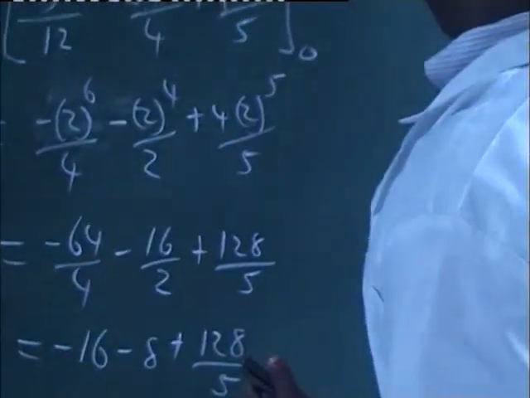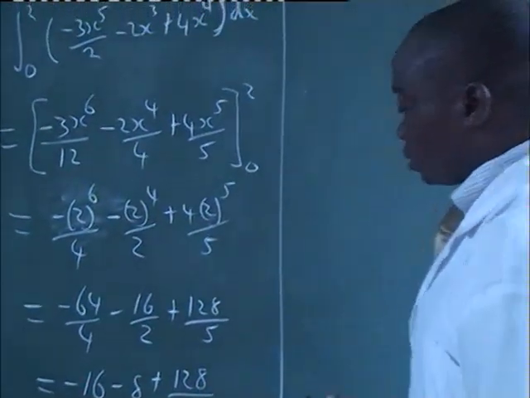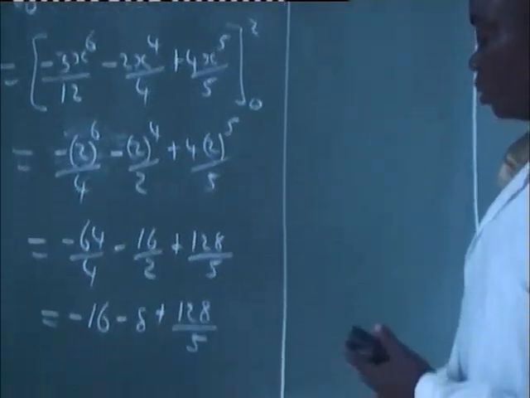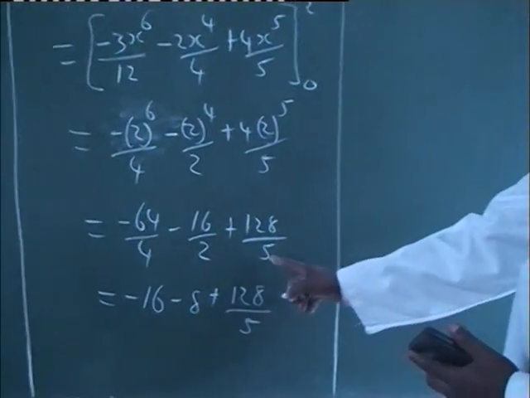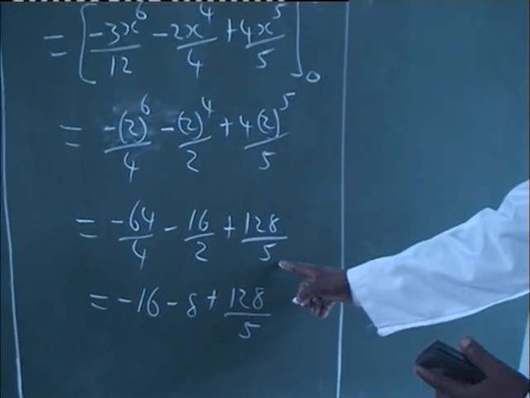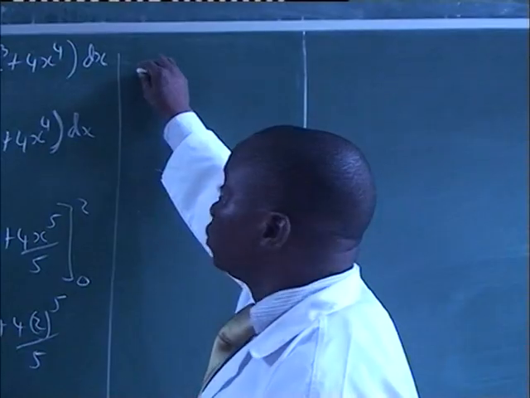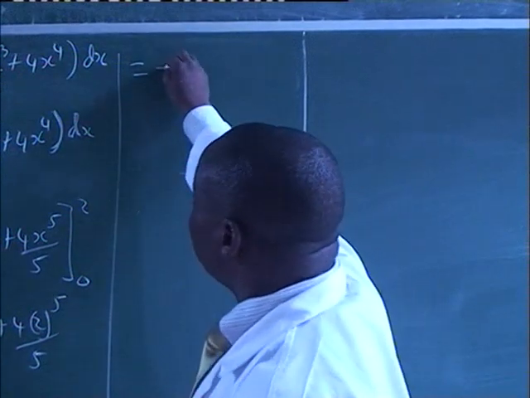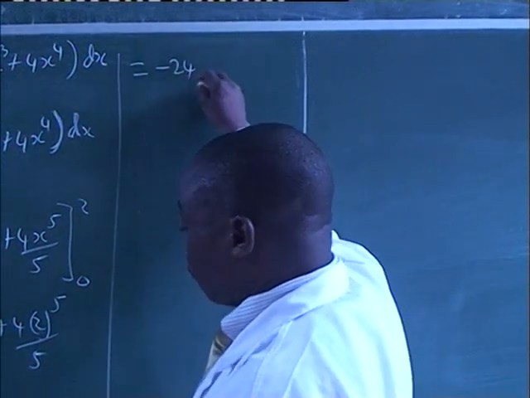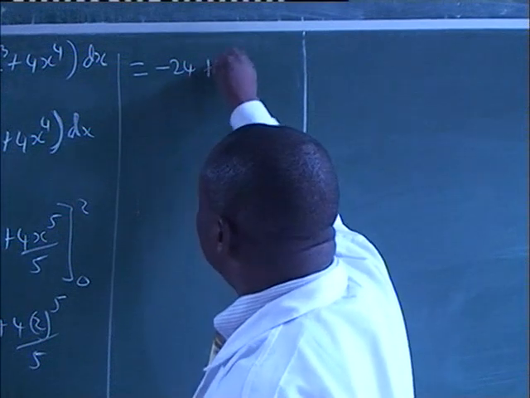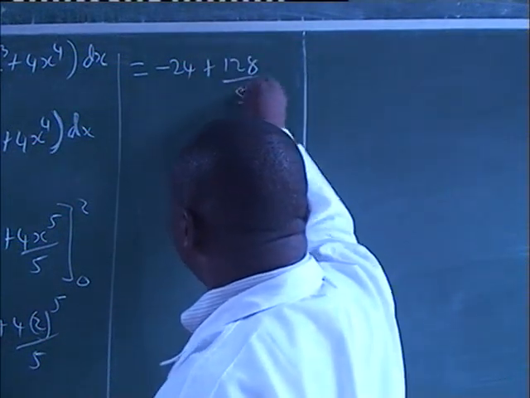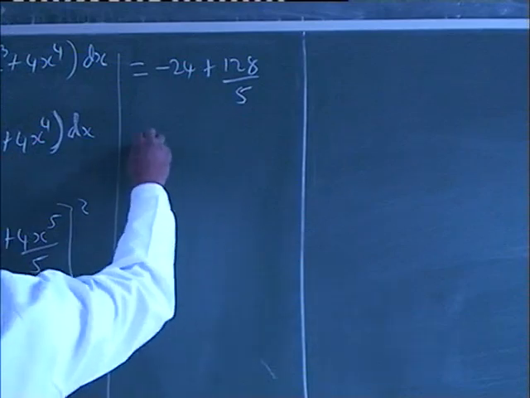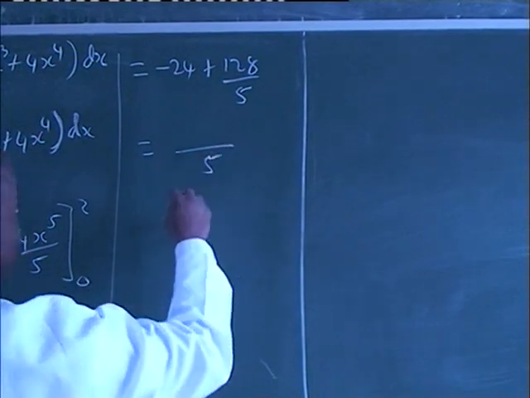So we find out that this is over 5 because of the simplification of this. That this is the same as minus 24 plus 128 over 5. Now the LCM is 5.